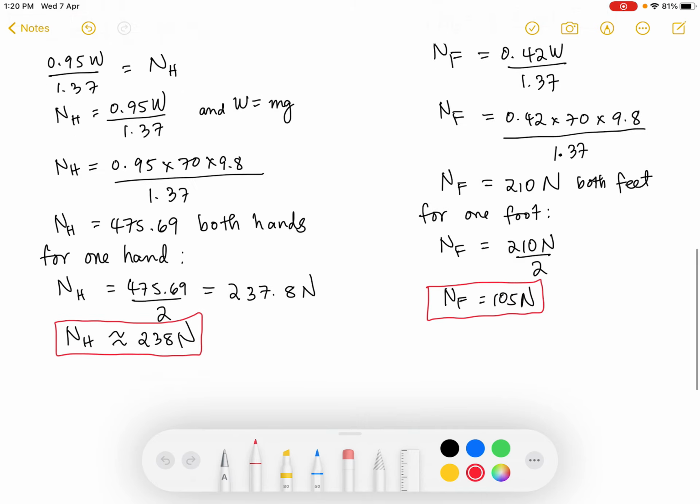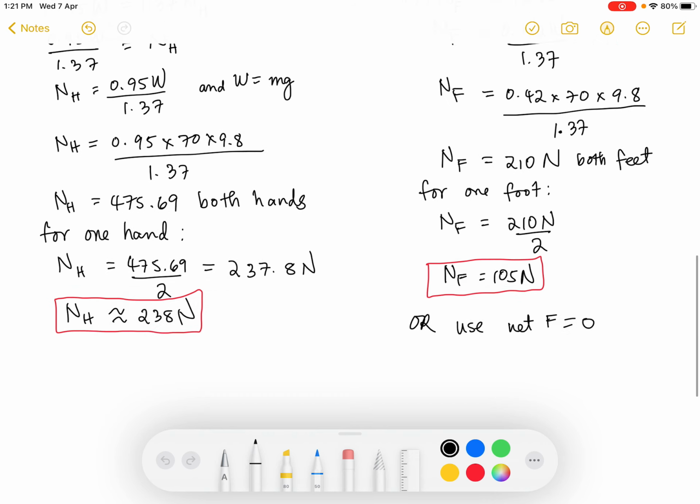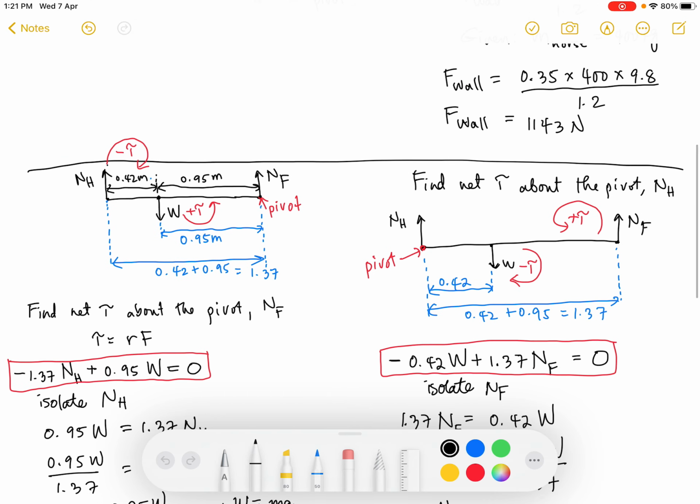You can also solve for the normal force on the foot by using the sum of forces, where net force is equal to 0. We have two forces pointing upwards, NH and NF.